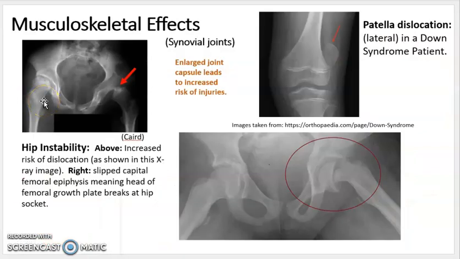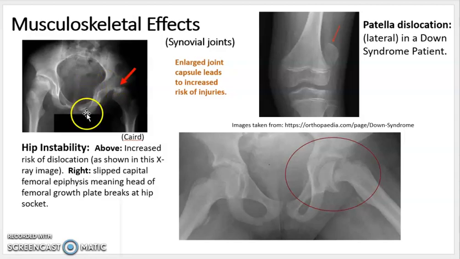Down syndrome also has musculoskeletal effects. This is how it is in the synovial joints. Typically, Down syndrome has an enlarged joint capsule, and that leads to increased risk of injuries.